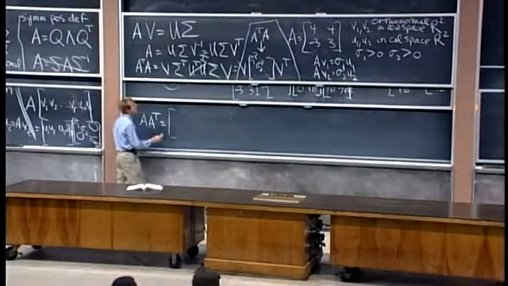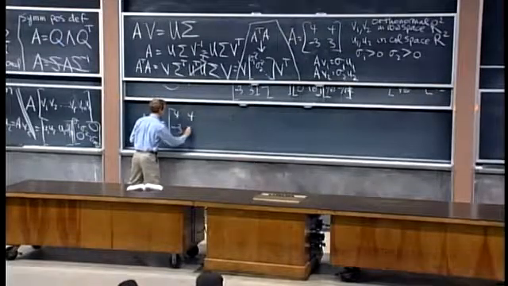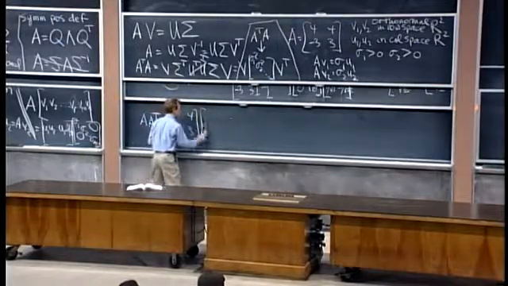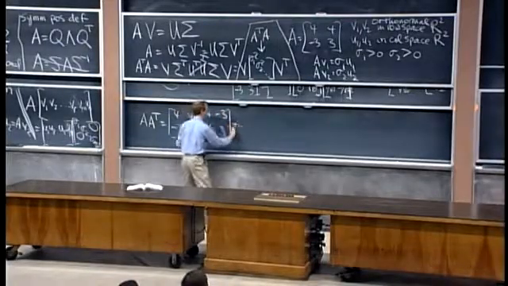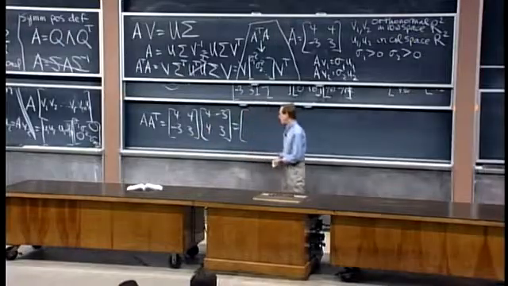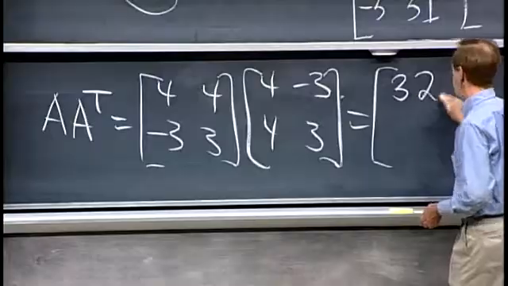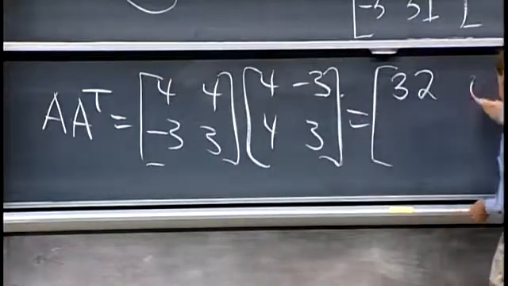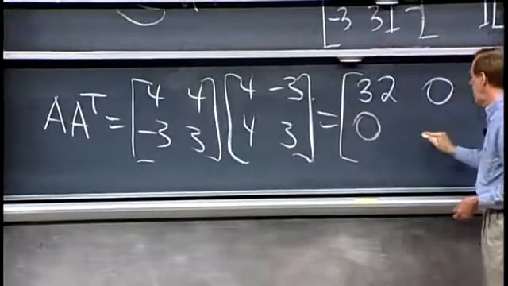So what's A? 4, 4, minus 3, and 3. And what's A transpose? 4, 4, minus 3, and 3. And when I do that multiplication, what do I get? 16 and 16, 32. That one comes out 0. Oh, so this is a lucky case, and that one comes out 18.